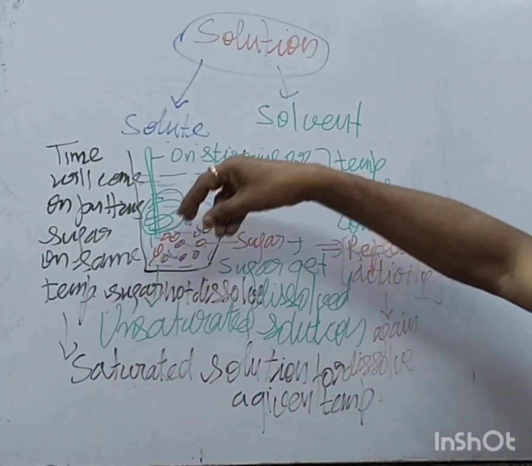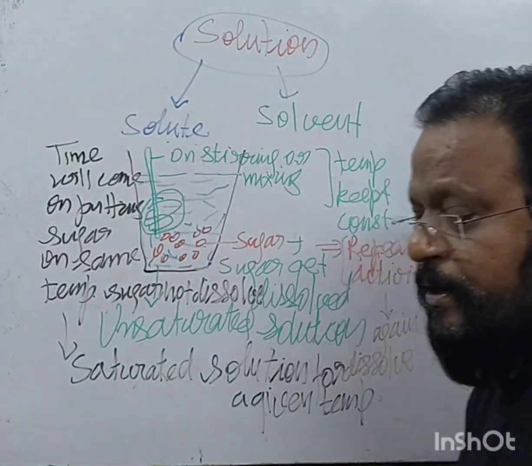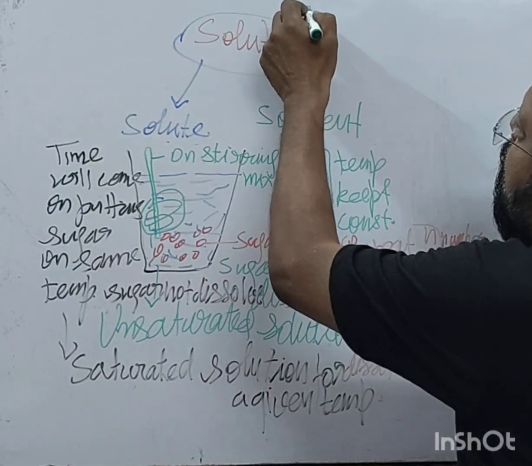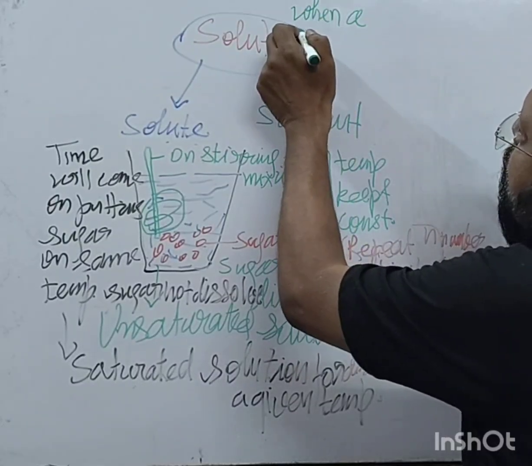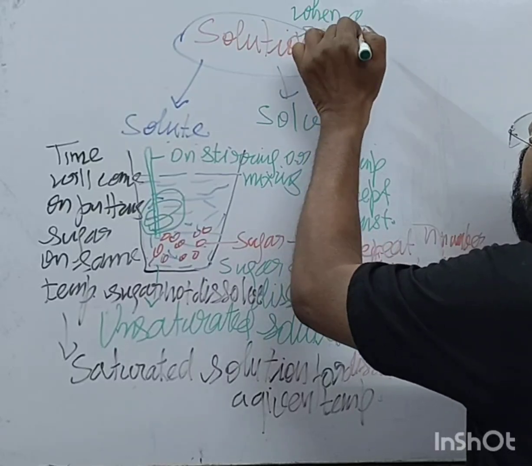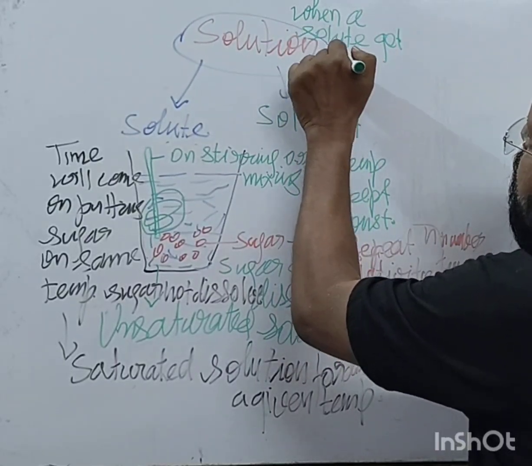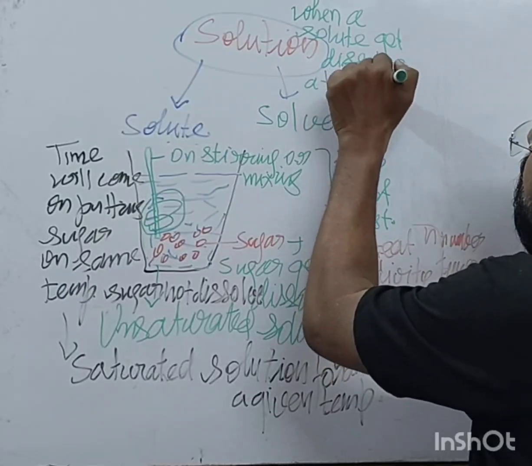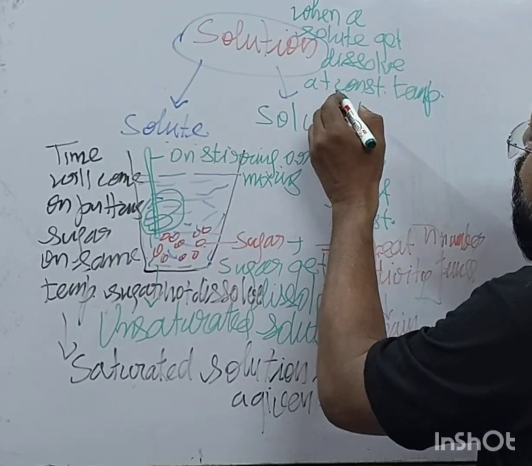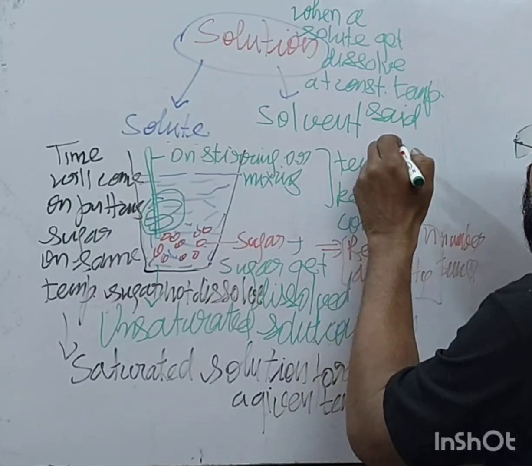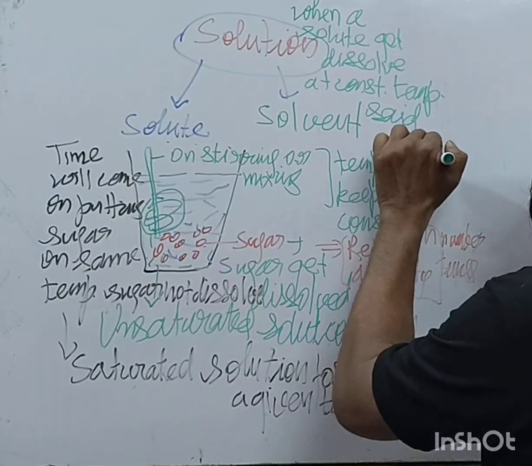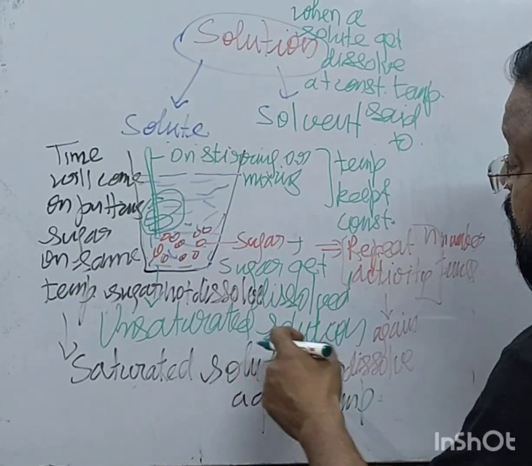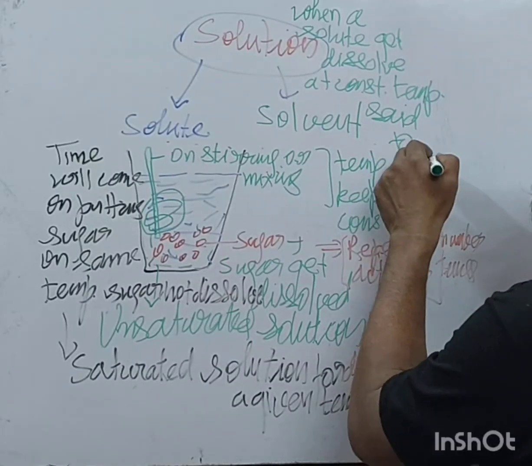When a solute gets dissolved at constant temperature, it is said to be unsaturated. Oh, I made a mistake here also, it is unsaturated, not saturated.